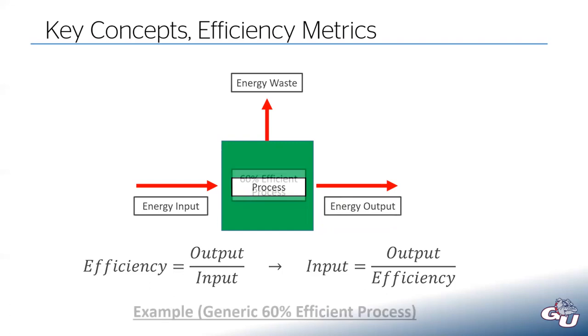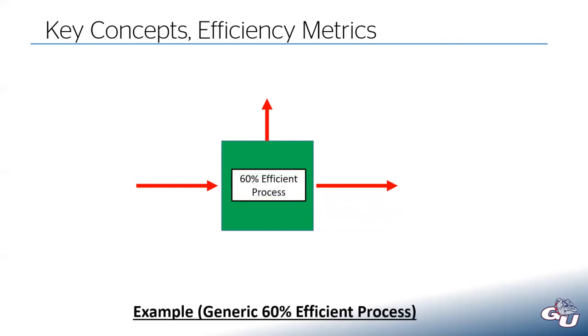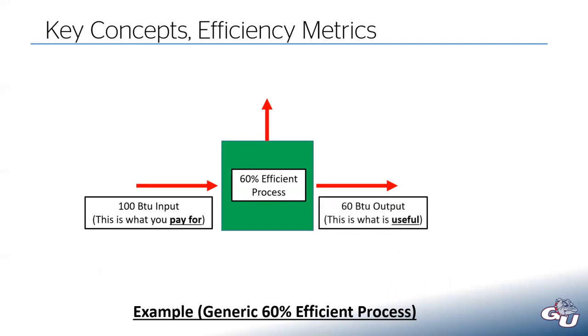So to put some actual numbers to this, if we have a 60% efficient process, let's say we put in 100 BTUs, which is what we're going to pay for from the utility company. We're going to get 60 BTUs output, which is the actual useful thing at the end of our process. And then 40 BTUs will just go off as waste due to the inefficiency.